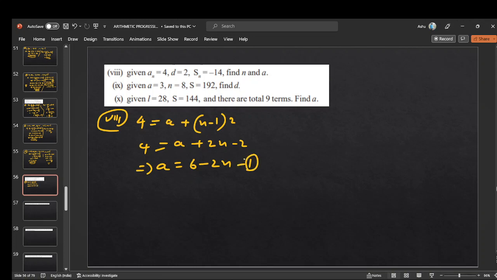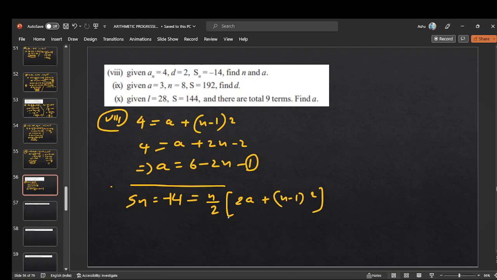This is equation 1. Now for the other solution, here Sn is given. Sn is minus 14. Minus 14 equal to n by 2 into 2a plus n minus 1 into 2. 2 cancels out, then n into a plus n minus 1.